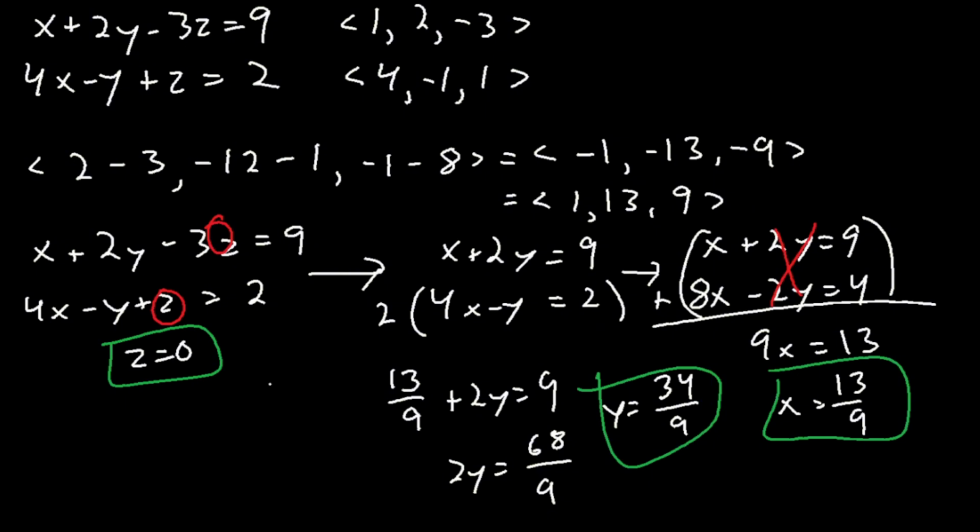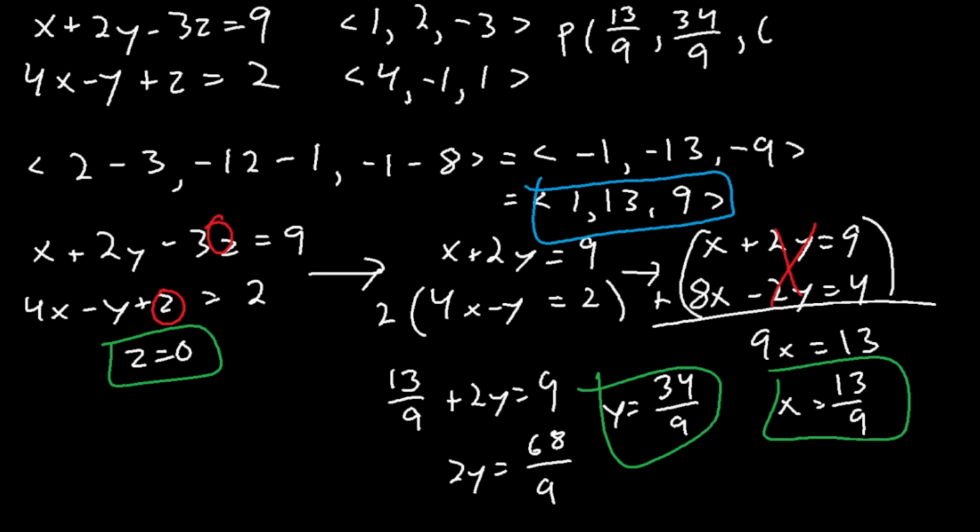So now that we have a point, let's write it explicitly down. 13 over 9, 34 over 9, and 0.